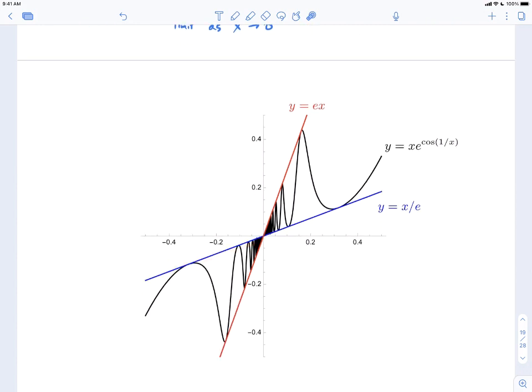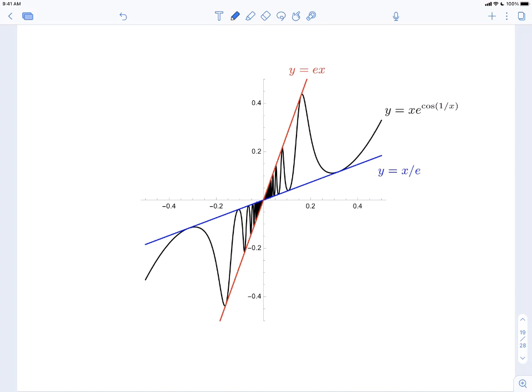But you can see whether you're on the right side of 0 or on the left side of 0, this curve, which belongs to x times e to the cosine 1 over x, is always between these two lines. And both of those two lines pass through the origin. And so that means that the curve that we're actually interested in is squeezed through and has to pass through the origin as well.